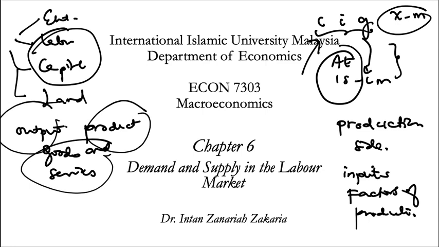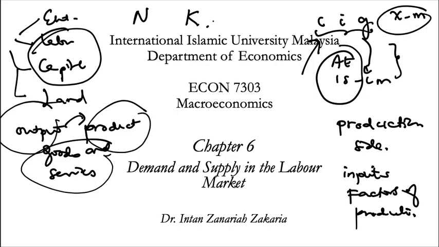Labor is denoted as N at macro level, because usually L is used in micro study, and capital is K. So the producer combines both labor and capital to produce output.